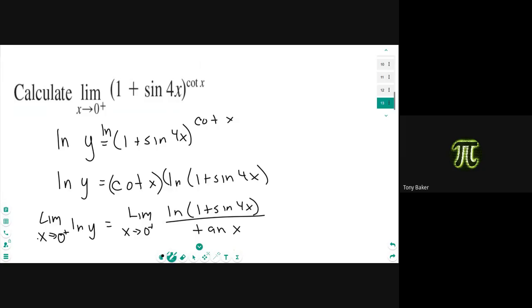All right, so now that I have that, if I plug in 0, I still have 0 over 0. So now I can do L'Hopital's rule.